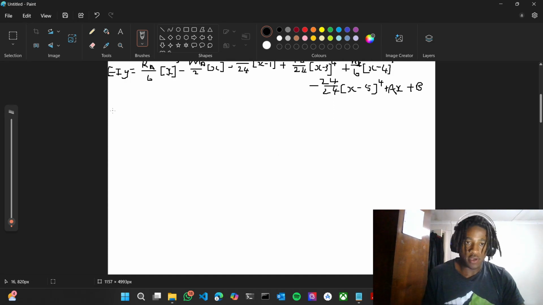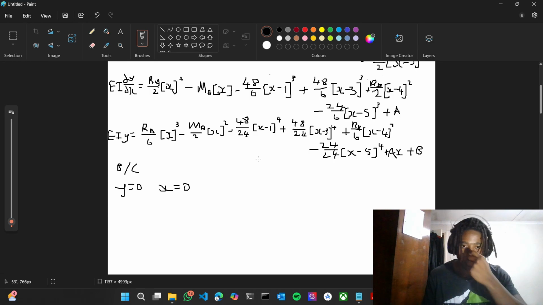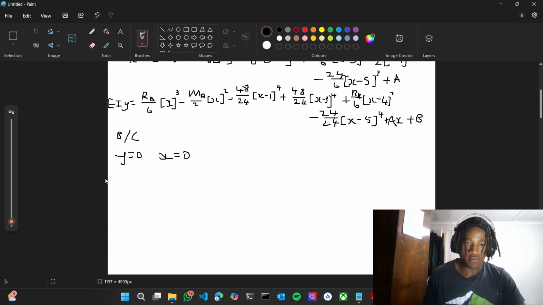So let's input the first boundary condition, that being y is equal to 0 at x is equal to 0. We know that if we input 0 anywhere here, the answer will be 0. So y here is 0, that's 0, that's 0.